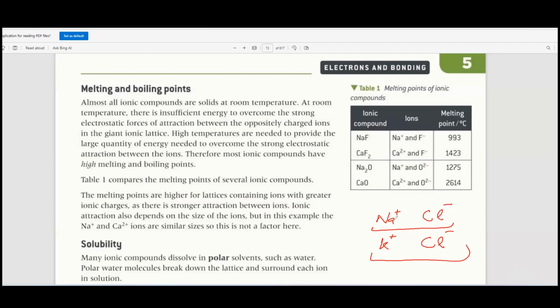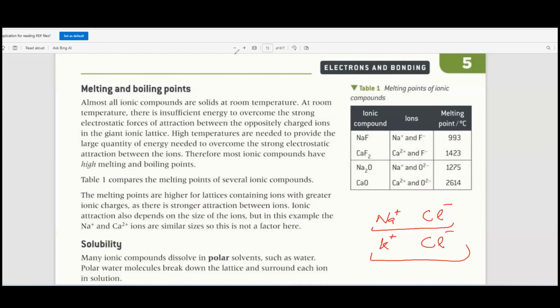If one of them was something like Ca2 positive, then it would be a different case. We would know for sure that this one will have more electrostatic force and hence a higher melting point. But what if both of them have the same kind of charges, but obviously different atomic structures?